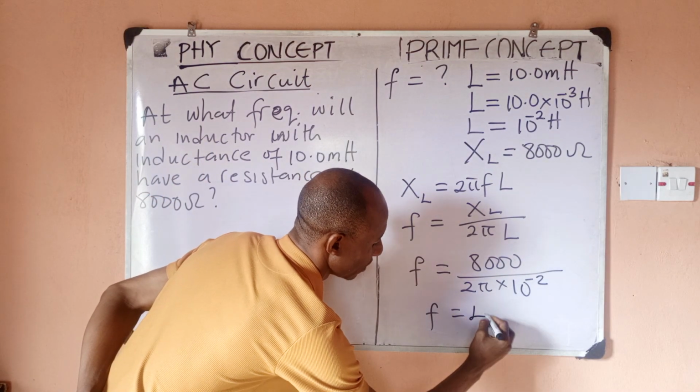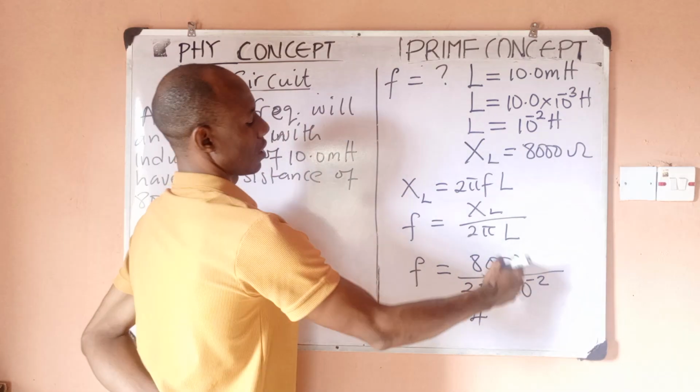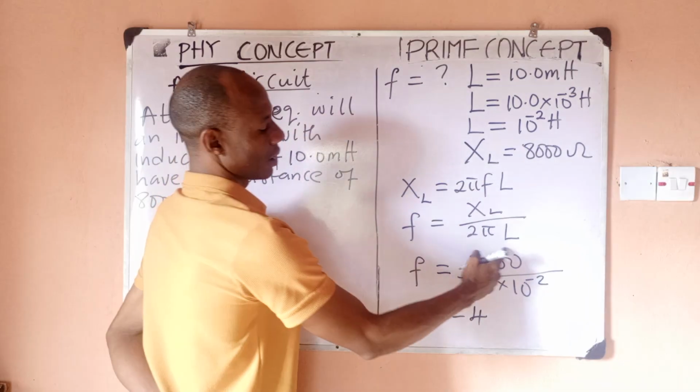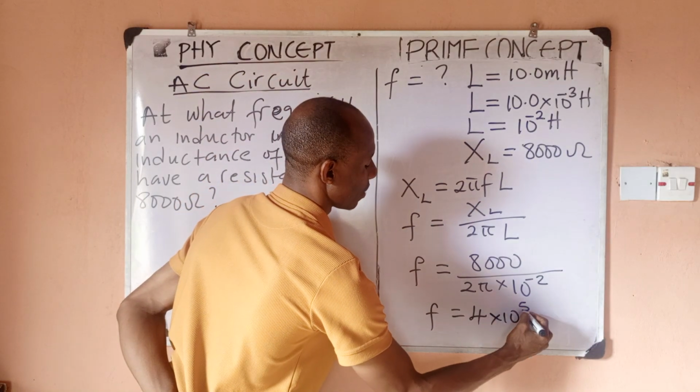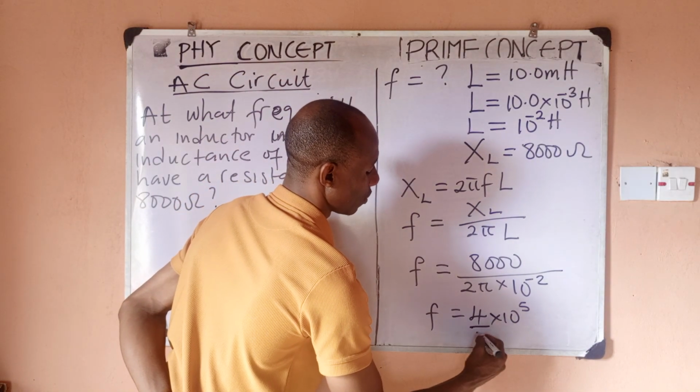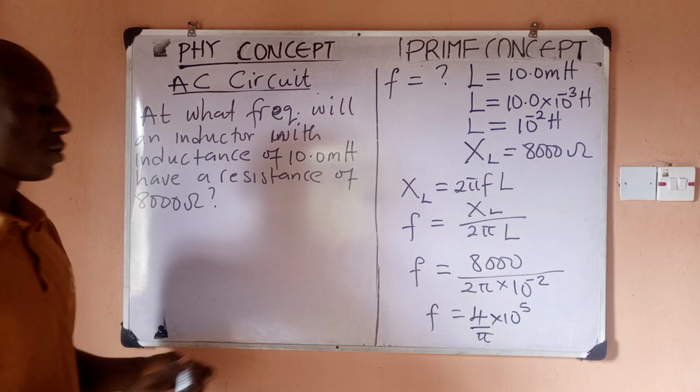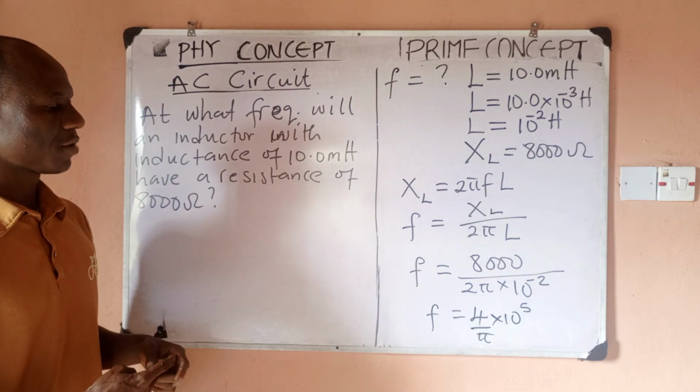Instead of 4,000, I would say 4 times 10 to power 3, and 3 plus 2 is 5. So 4 over pi times 10 to power 5. So that is what I would have as my answer.